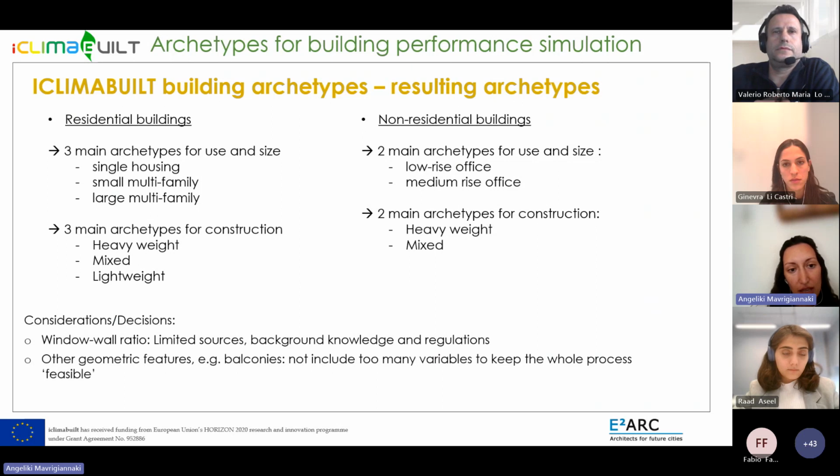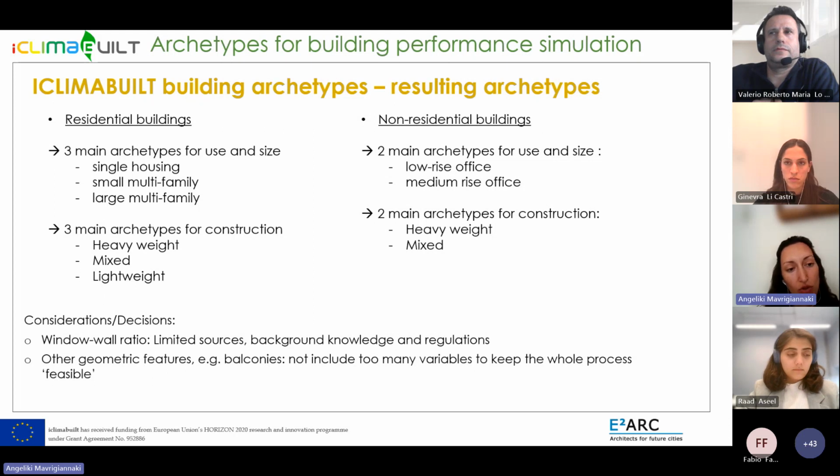And then 3 main archetypes for the construction of the residential buildings, which are the heavyweight, mixed, and lightweight construction. And then for the non-residential buildings, we ended up with 2 main archetypes for use and size, that are the low-rise and medium-rise offices, and 2 main archetypes for construction, that are the heavyweight and mixed construction.